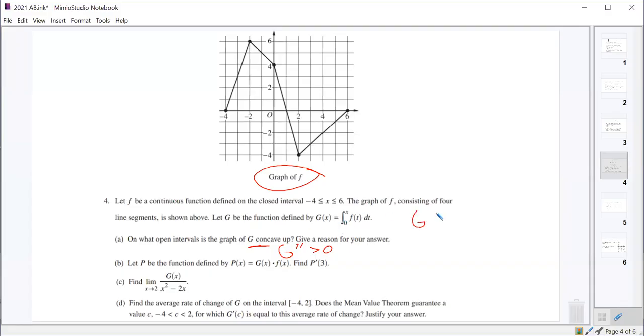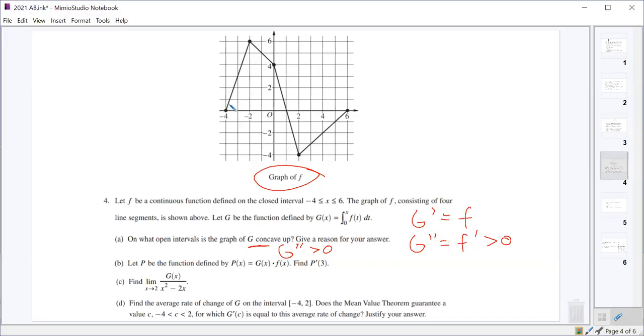Well, G prime ought to equal f, which means that G double prime ought to be f prime. So if we want G double prime to be positive, that means we want f prime to be positive. F prime in terms of this graph means the slope of the graph is positive. So anywhere where f is increasing would be when its slope is positive.